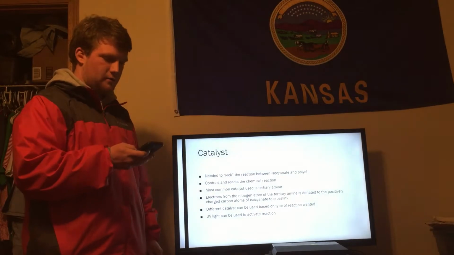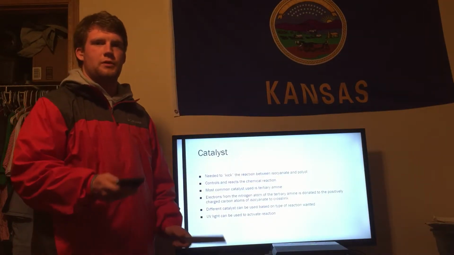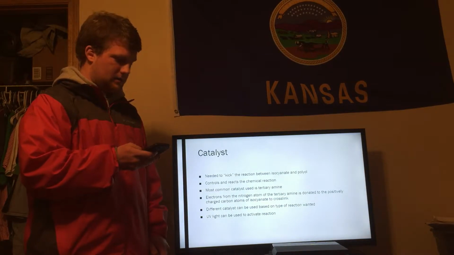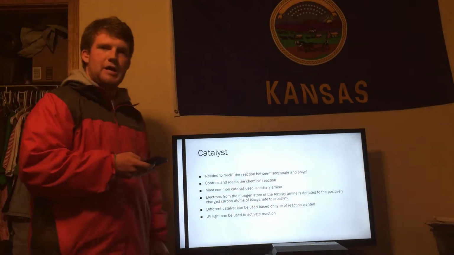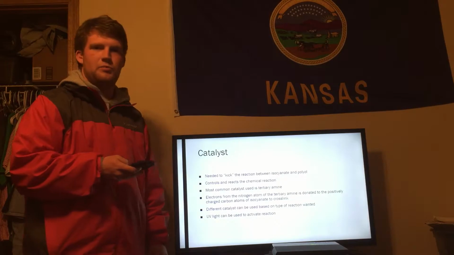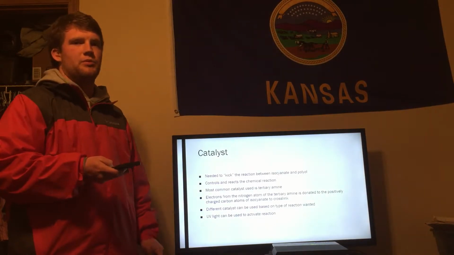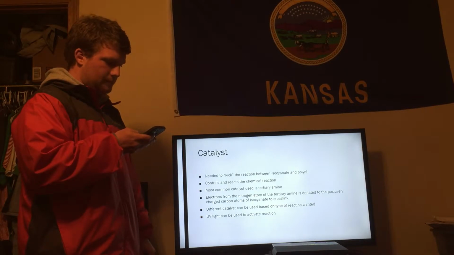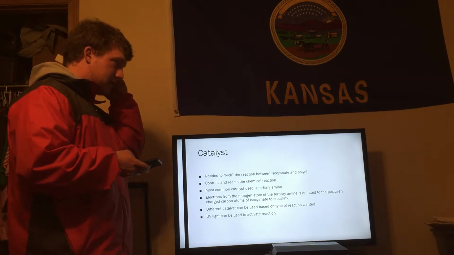The third and final material used for the manufacturing of polyurethane is the catalyst. This is what is needed to kick off the reaction between isocyanate and the polyol. Because they are too stable, they will not react on their own. It controls the chemical reaction.